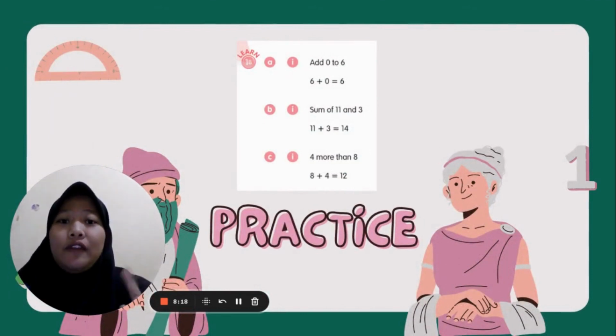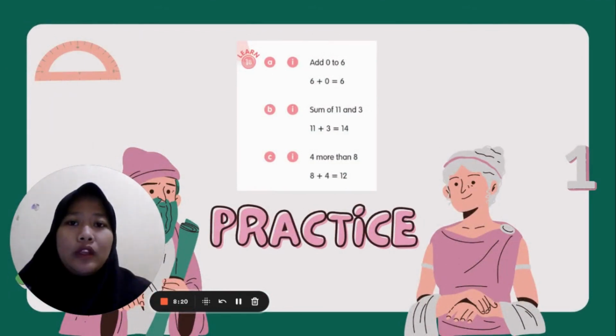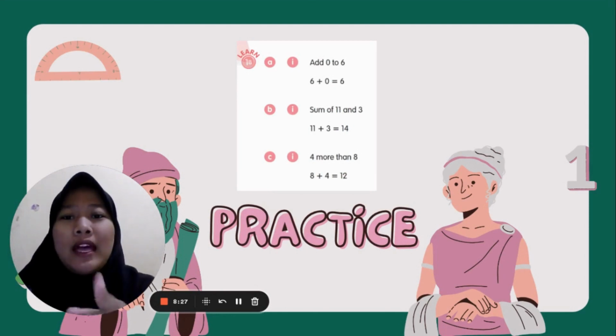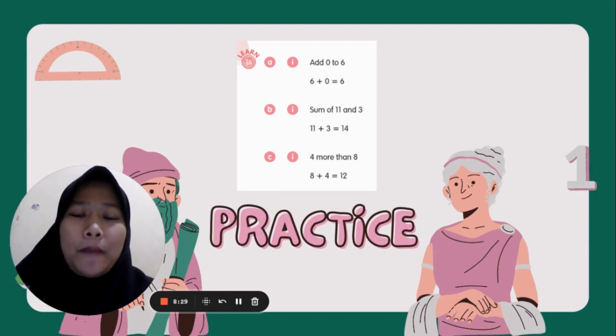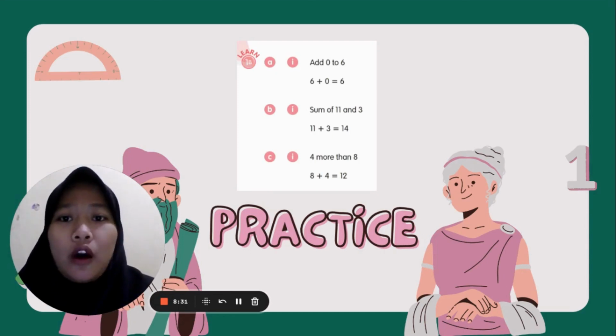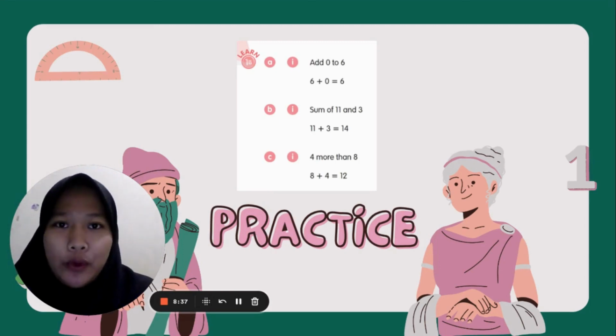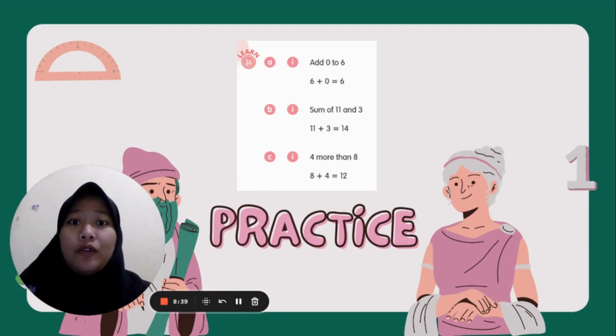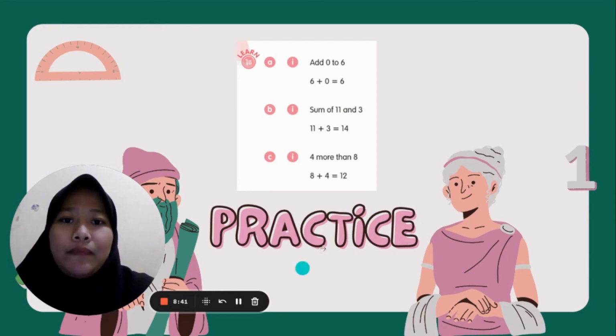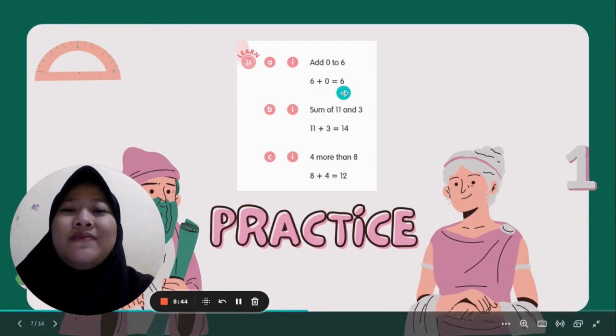Okay, now instead of using word problems, I will use some instructions to construct the equation or the mathematical expression. Now please open your book, page 8, and focus on Learn 1B. Take a look at A. If the instruction is add 0 to 6, it means you just have to add them together. 6 plus 0 is equal to 6.